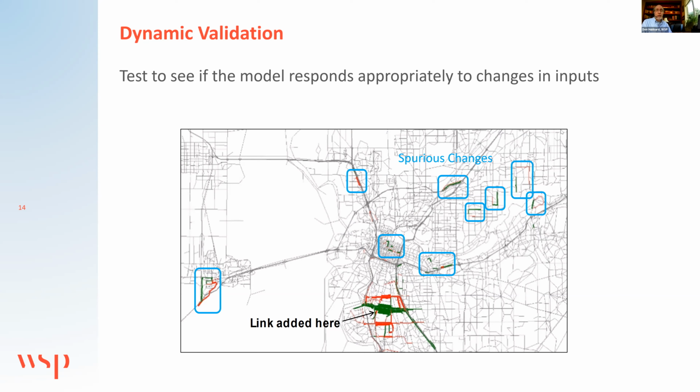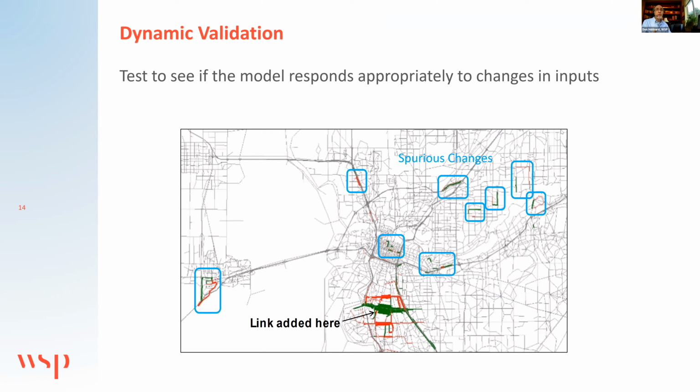So the green links are where traffic increased. The red are where traffic decreased. And as you can see at the bottom where the link was added, the model responded appropriately. We put in a link and traffic increased on that link, and it drew traffic away from the parallel routes. The model functioned the way models are supposed to function and represents what would happen in real life.